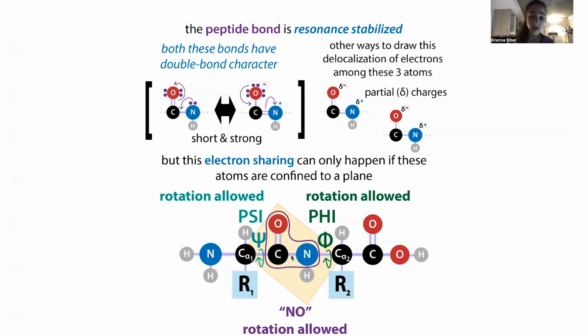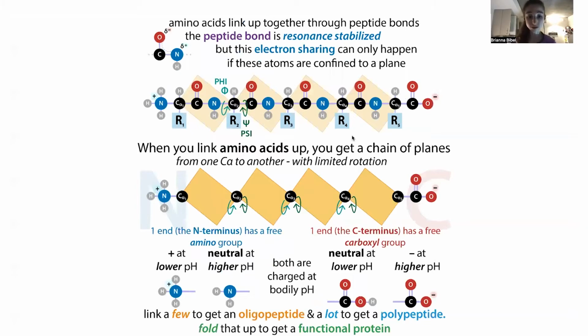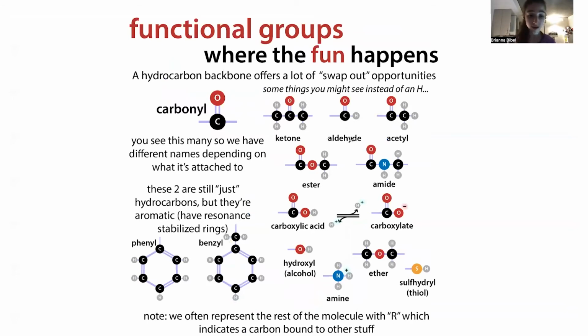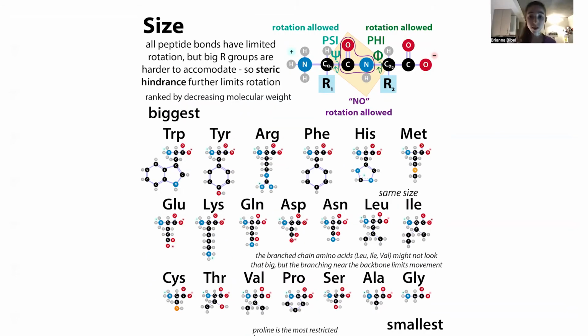When you have this chain of planes where the rotation is limited, the rotation is going to be limited even further by the nature of the side chain, the R group. If you have something that is very small, you'll have more flexibility, and if you have something that's bigger, you're going to have less flexibility.